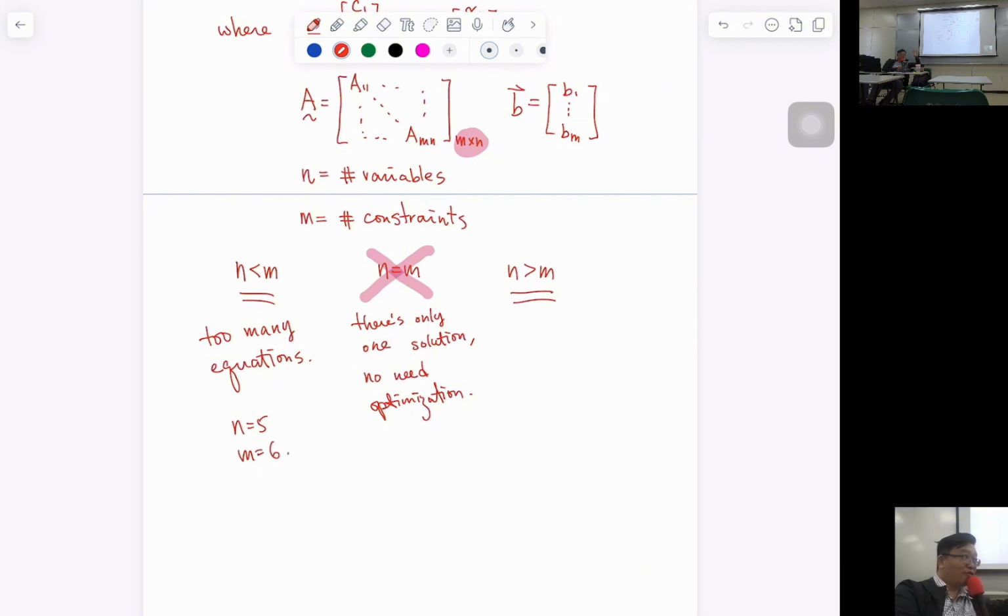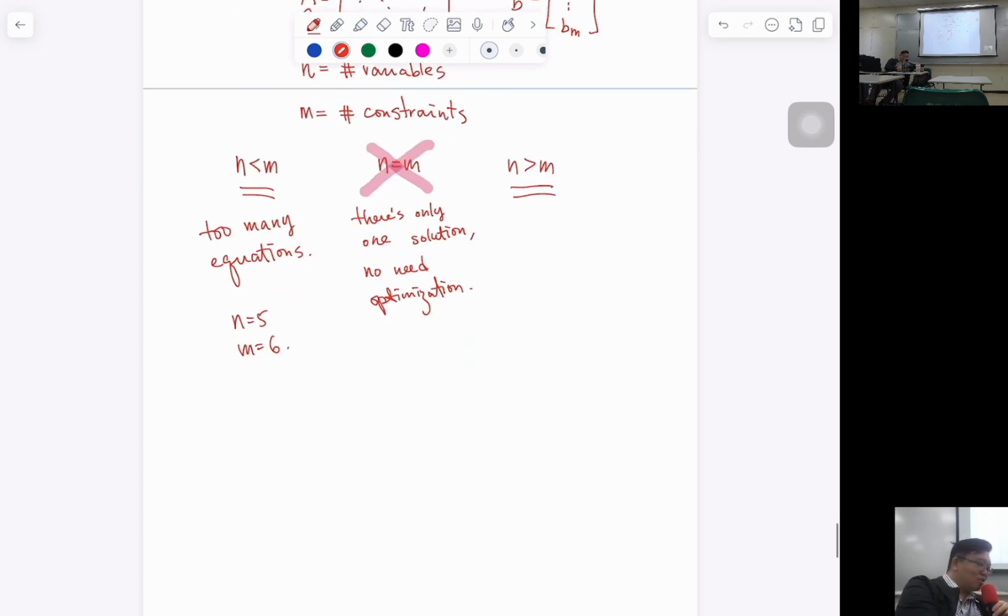For every 5 equations, I can already solve for one solution. But that solution may not fit the last equation, the 6th one. Then you may not be able to find a solution. Too many rules. So a solution may not exist. You may not be able to find a solution that satisfies all 6 equations.